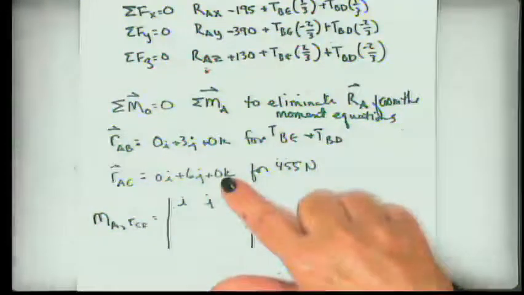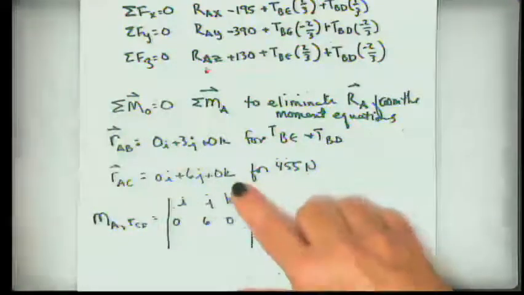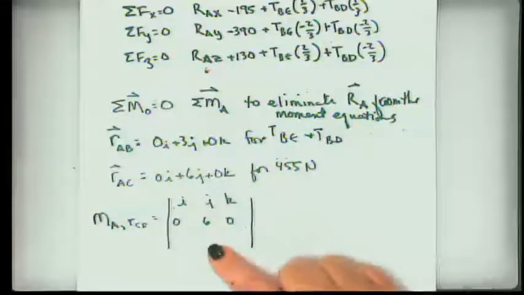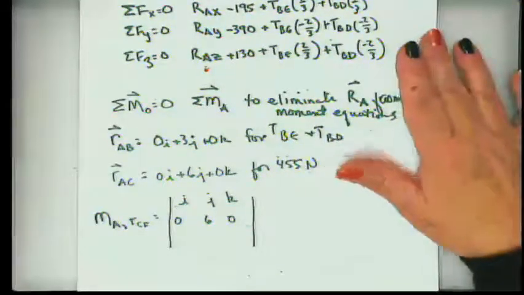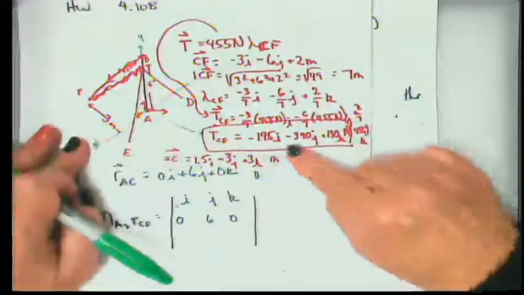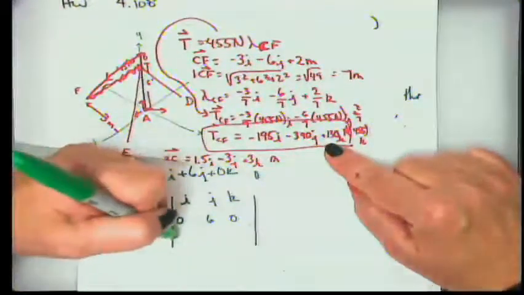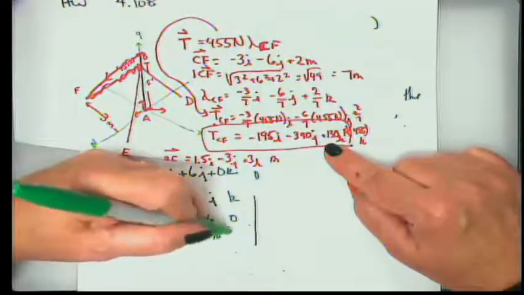The second row is my moment arm, and my third row are the components of the force. And here are the components of TCF. So this is minus 195, minus 390, and 130.